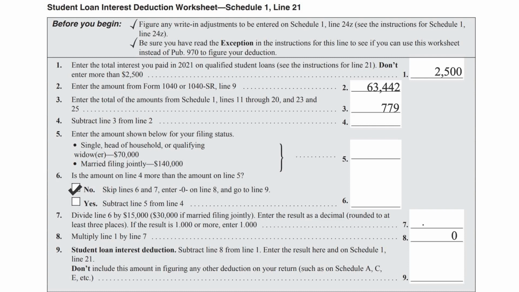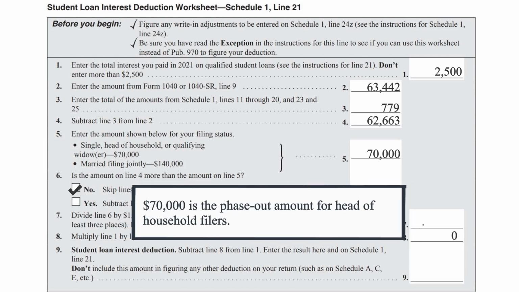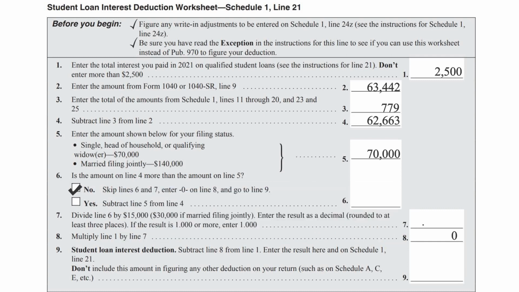Line 4 asks to subtract line 3 from line 2. If this is less than $70,000, then the taxpayer is able to deduct their student loan interest up to $2,500. If it was more than $70,000, you will have to calculate the amount allowable to deduct. Because Emily's income was less than $70,000, she can deduct $2,500 of her student loan interest.